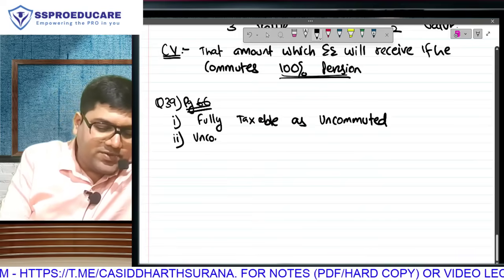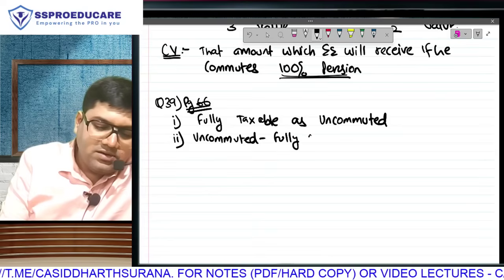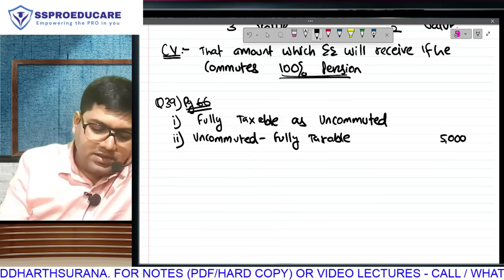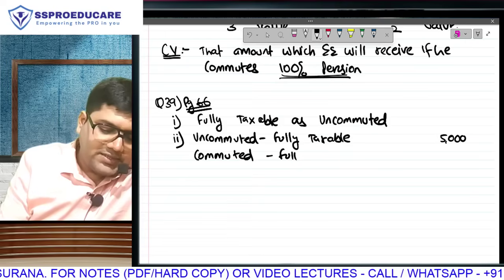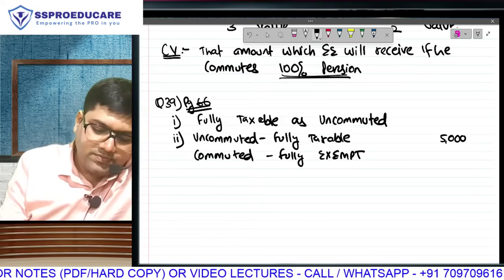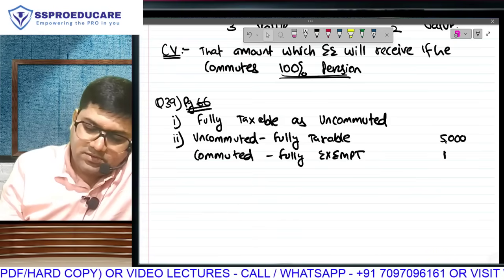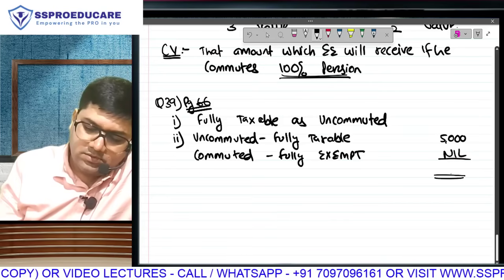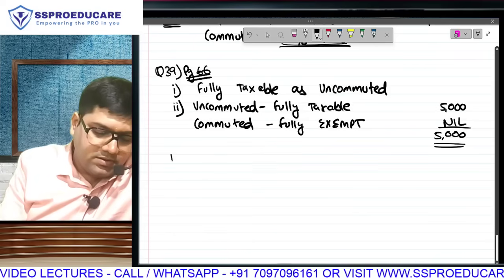So the uncommuted portion, 5,000, is fully taxable, and the commuted portion is fully exempt, because you are a government employee. So the total amount taxable for the year will be 5,000. Is this clear? Okay, let's go ahead.